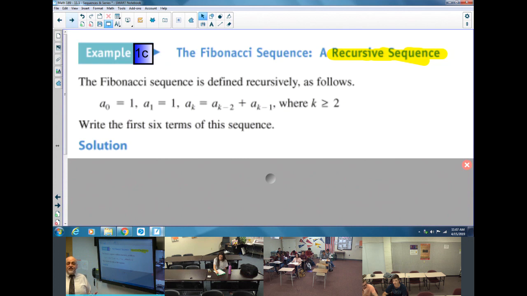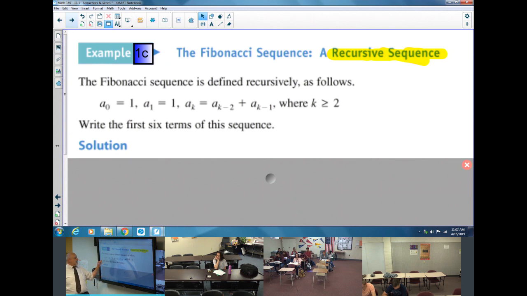This is one of the few sequences that actually has a name, and it's a recursive sequence. The way the Fibonacci sequence works is pretty simple. The first two terms are 1, and from thereafter, the next term is the sum of the previous two.